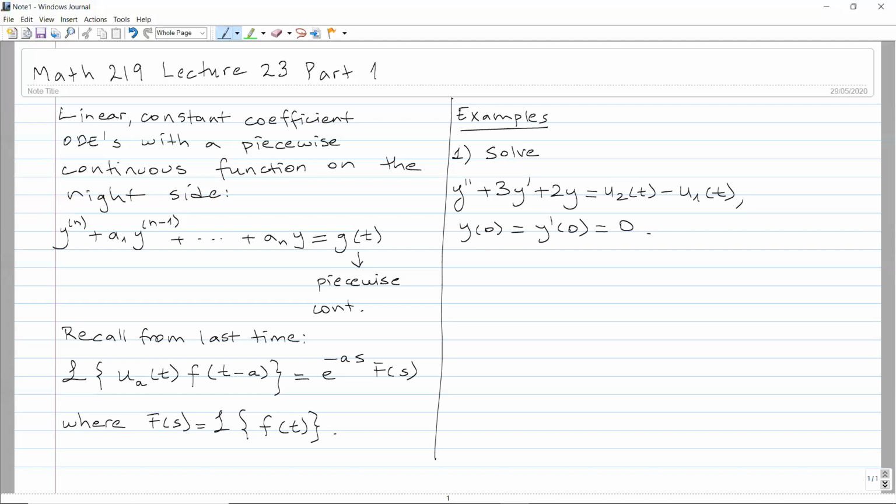Just to clarify what is going on, what is the function u2(t) minus u1(t)?